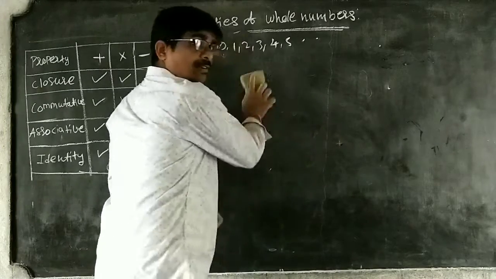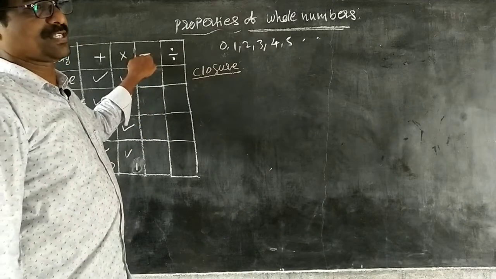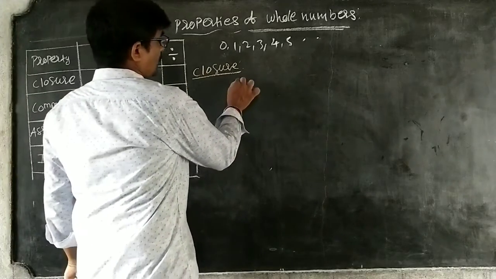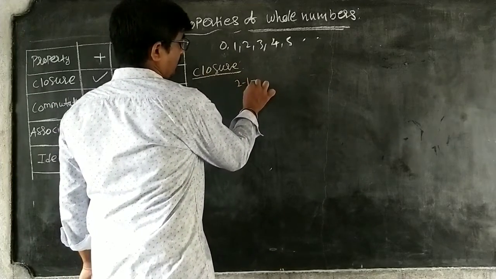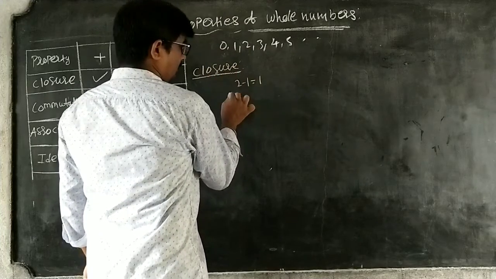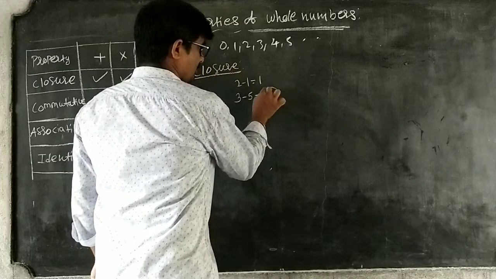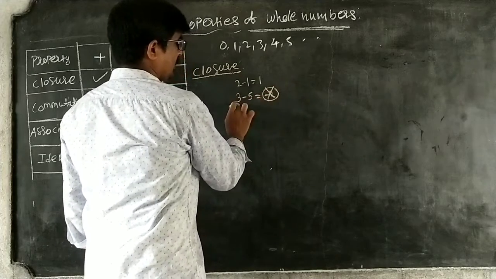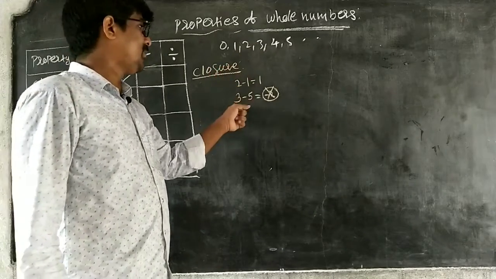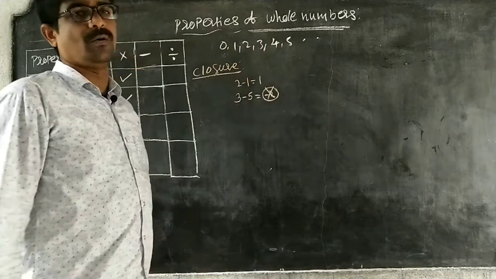Next we are going for minus, or subtraction. We are checking for closure. 2 minus 1 is equal to 1, okay, but 3 minus 5 is not possible in whole numbers.